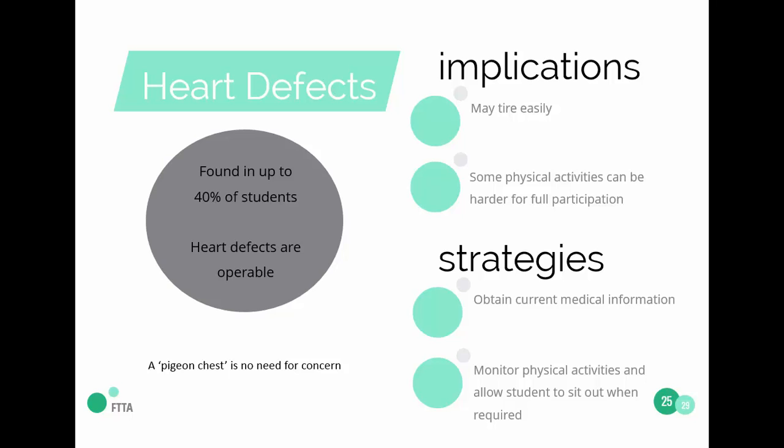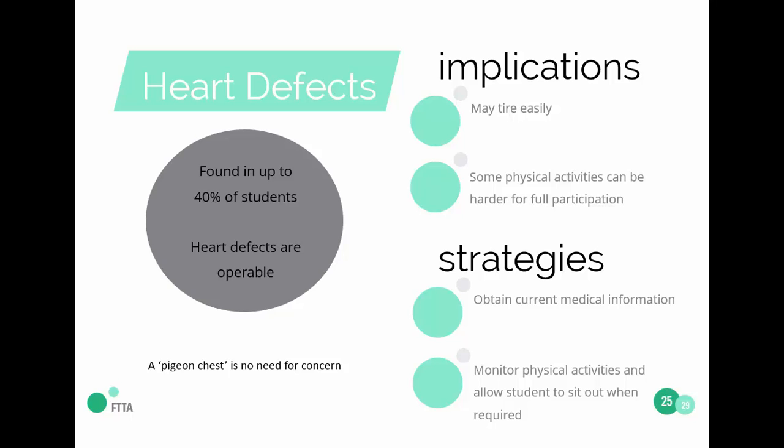Some physical activities can be harder for full participation, such as long distance running, for example. Current medical information, if you can get hold of it, if you're in charge of making sure that a particular person with Down syndrome is having a safe day, and if you're taking them out for sport and things like that, then trying to find the latest medical information and talking to parents is probably important.